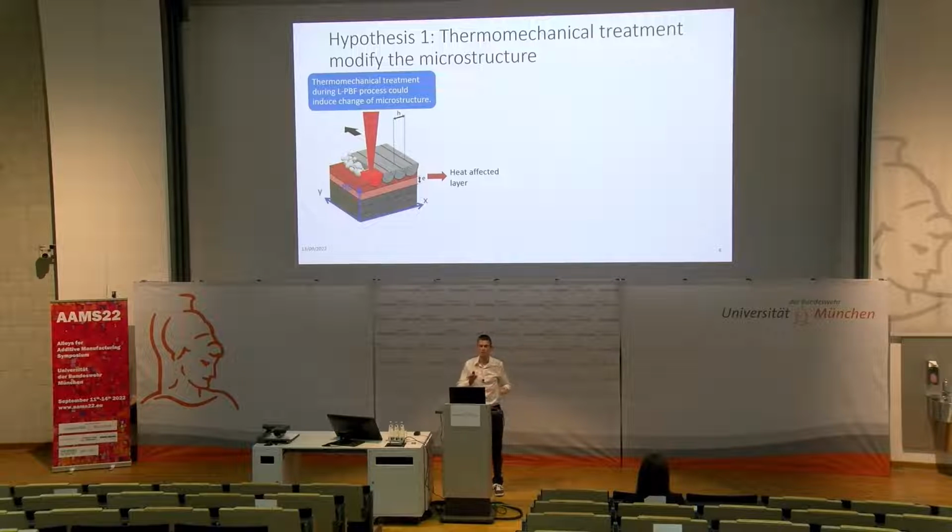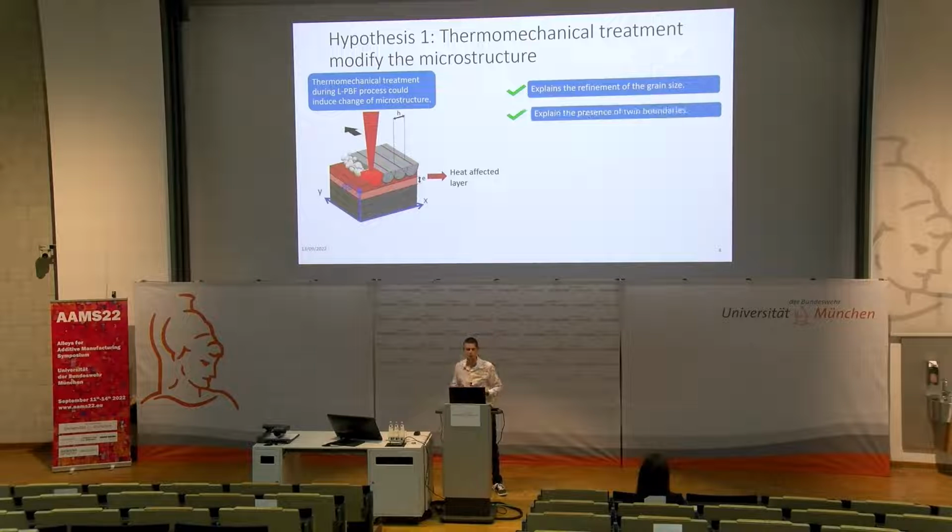It is well known that all L-PBF material undergoes thermomechanical treatment or solid-state thermal cycling during L-PBF, and this could induce a change in the microstructure. This hypothesis could explain the refinement of the grain size, and can also explain the presence of twin boundaries, because it is well known that an austenitic stainless steel, after thermomechanical treatment, creates twin boundaries.